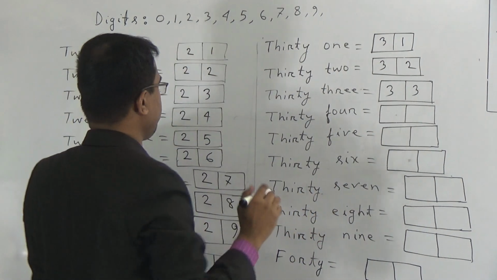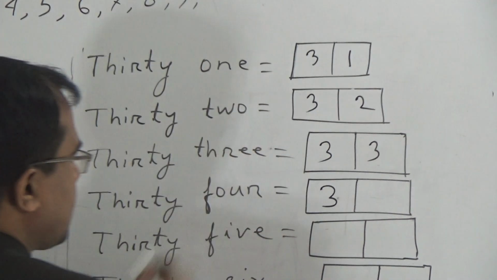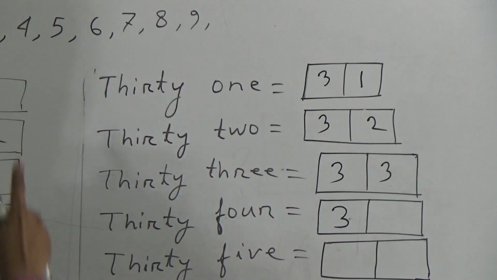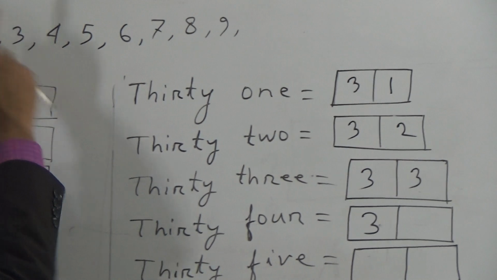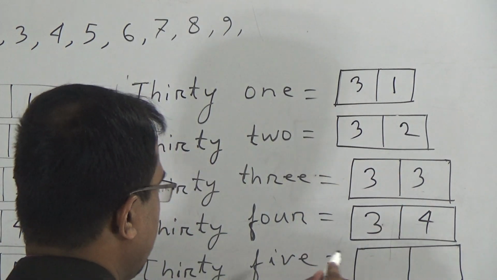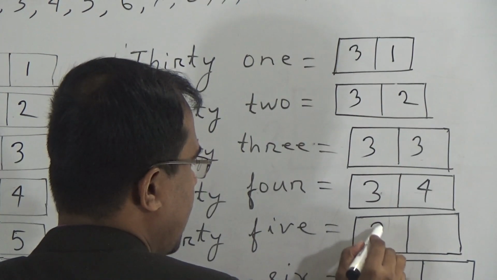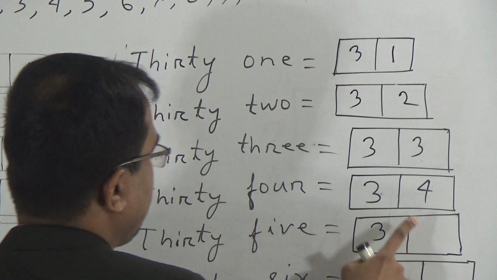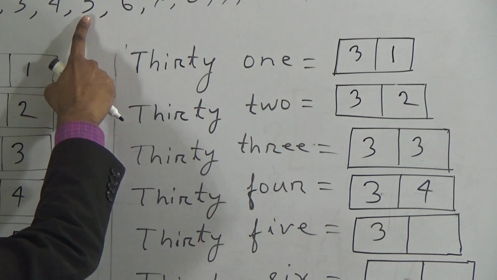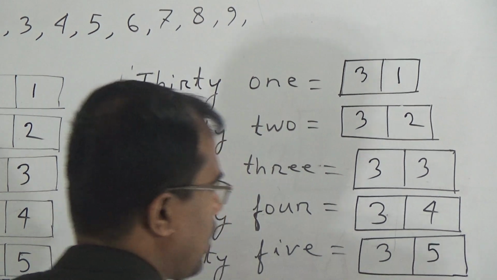Now 34. We will write 3 in tens place and in ones place instead of 3 now we will write 4. This is 34. Now we will write 35. Here in tens place we will write 3 and in ones place we have to write now 5. 35.